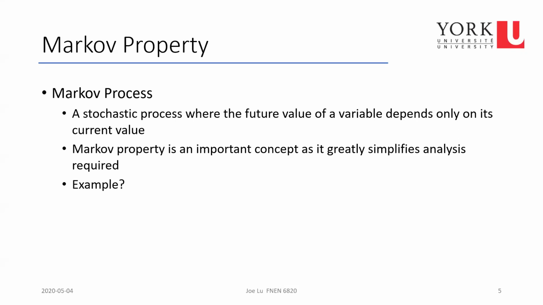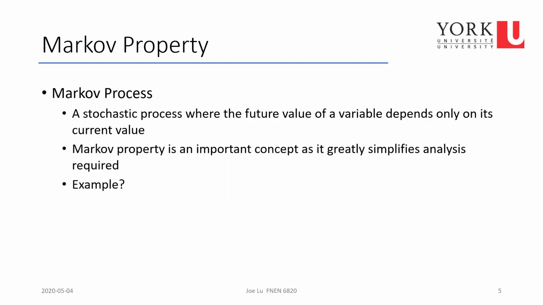So if you have a Markov process, the future change or the future value does not depend on the past. How it got to right now is not important. What's important to the future value or the change of the current value is where it is right now, today.